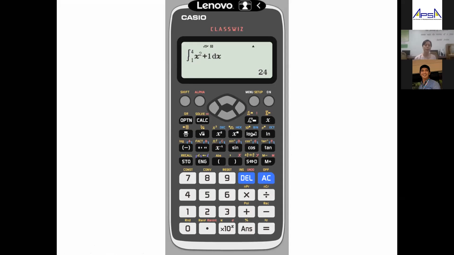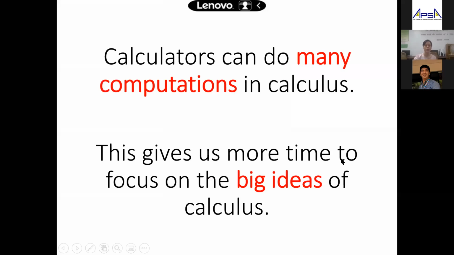That's why earlier, I showed you some phenomena where calculus can be applied. So likewise, let's broaden our thinking that calculus is not just computing, evaluating a definite integral. What else can we do? Technology can already do this. So let's focus on other things. We can focus on higher order thinking and so on. Okay.